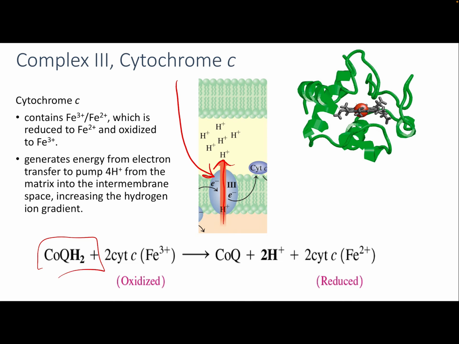From coenzyme Q, the electrons get funneled to cytochrome C. And cytochrome C is going to be able to move to complex 4, which I don't have a picture of, so we'll have to jump back to my earlier picture. But again, more hydrogens are pumped across the membrane here in complex 3.